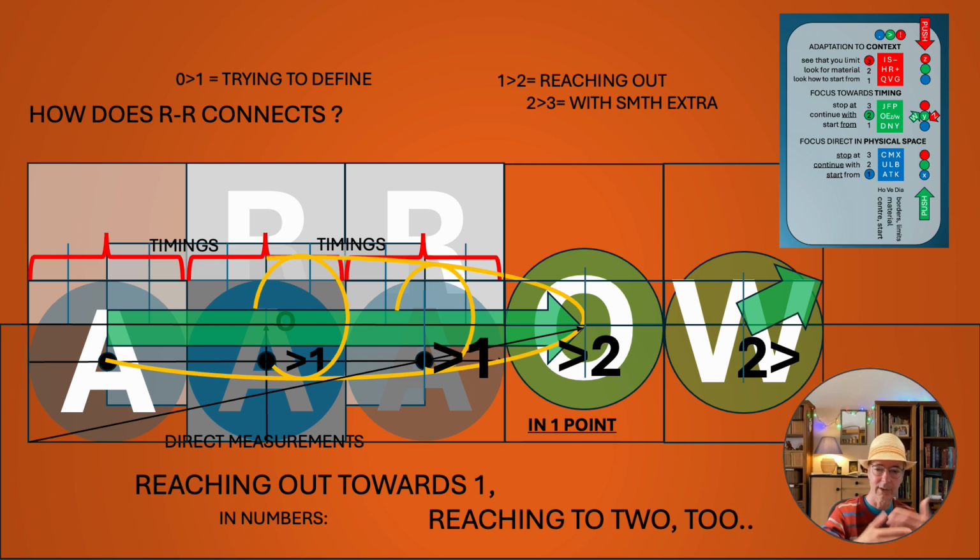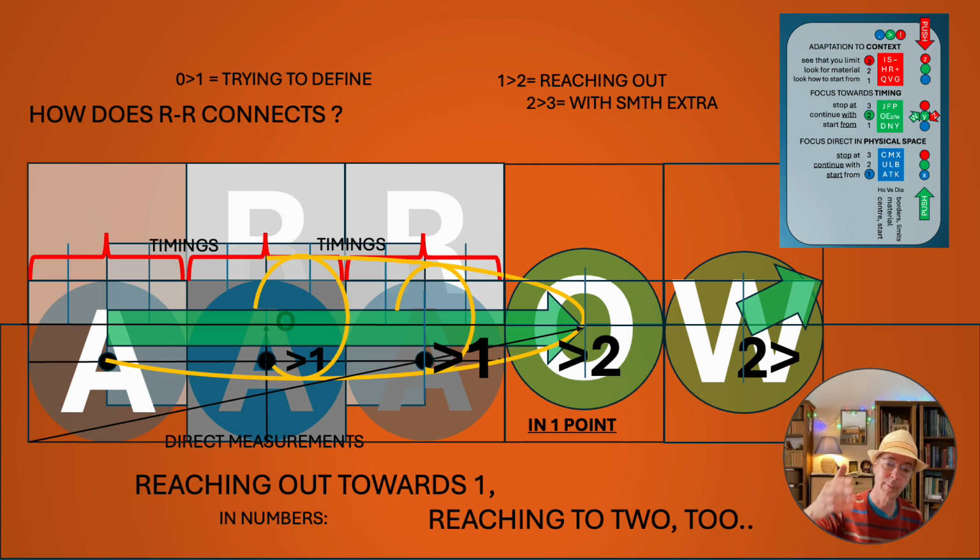So how is this focus from 1 to 3 actually going on? A is less than 1, so it is forming itself, it's reaching out towards its goal, and in this way the context forces us to think, okay, let's be well prepared, let's focus well now, and let's also focus towards the future, what we will get, what we don't know yet, because that's one of the aspects of A. We don't know the end effect.